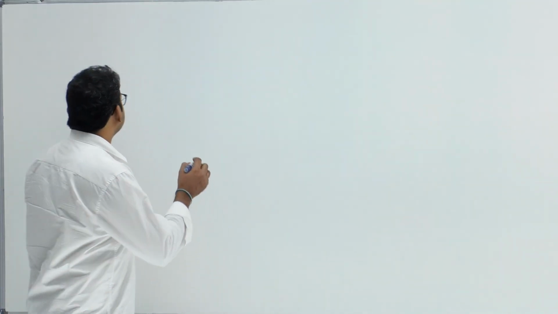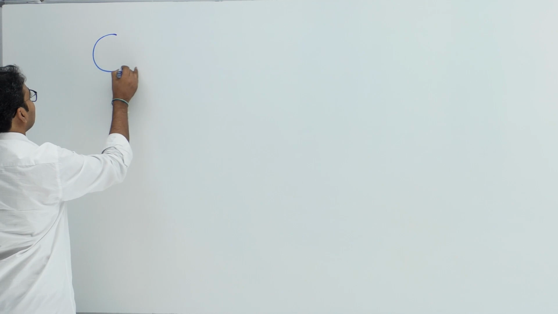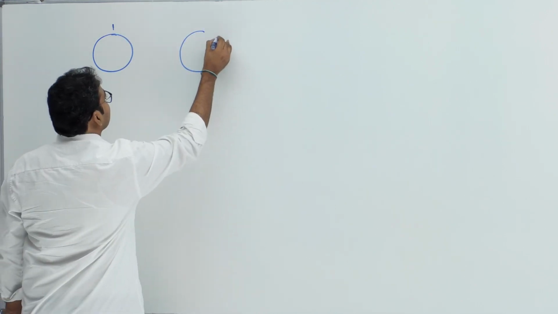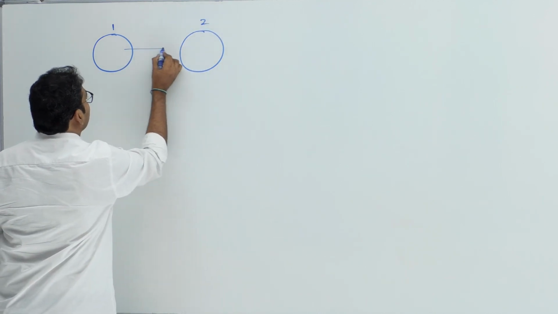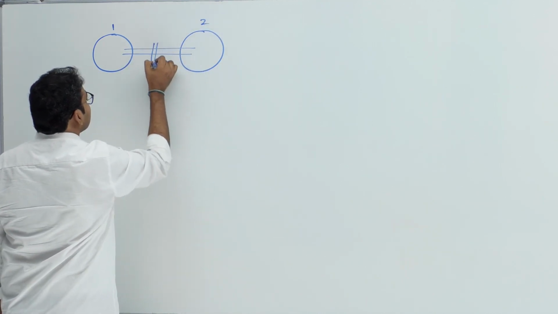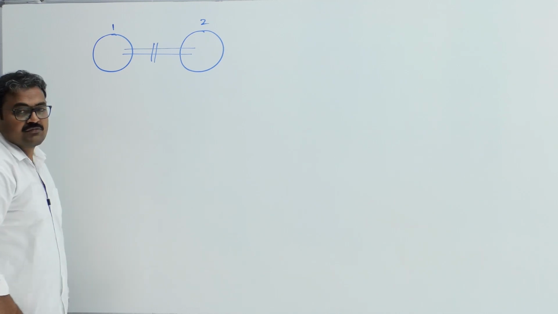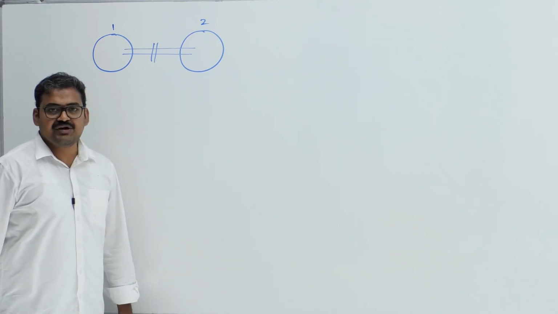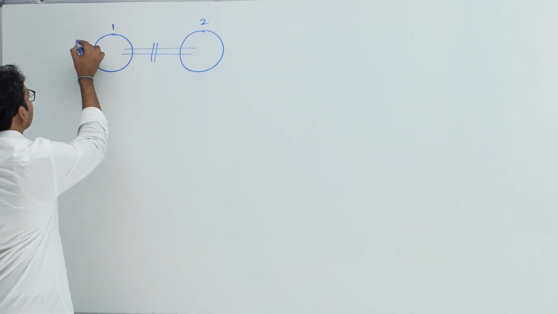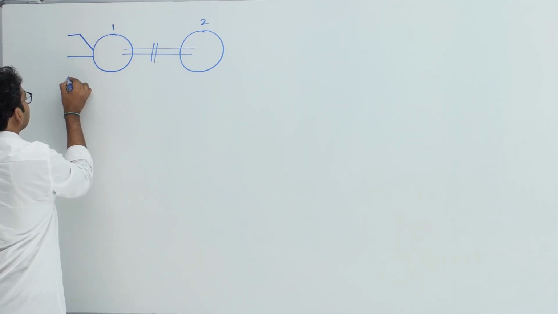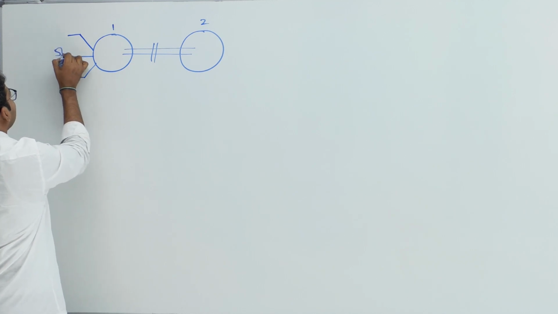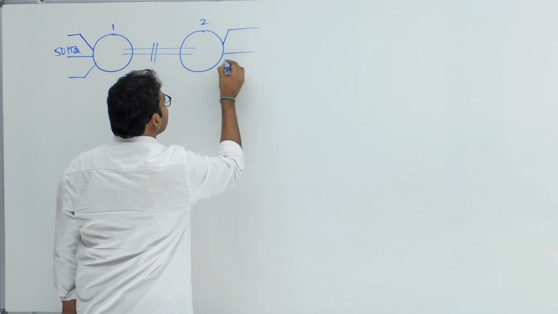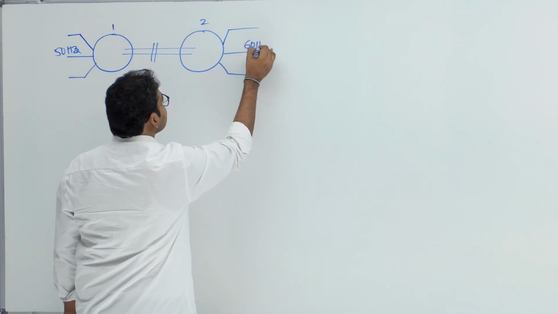So the question is very clear. There are two alternators. Let us say this is alternator number 1, this is alternator number 2. These two alternators are mechanically coupled, which was very clearly mentioned. Both are mechanically coupled means, can I say both will rotate at the same speed? Obviously, yes. But alternator number 1 is delivering its power at 50 Hz frequency, and alternator number 2 is delivering power at 60 Hz frequency.